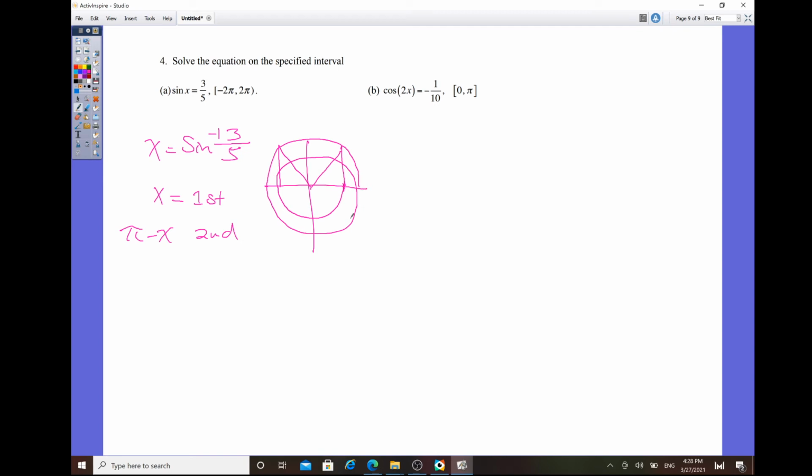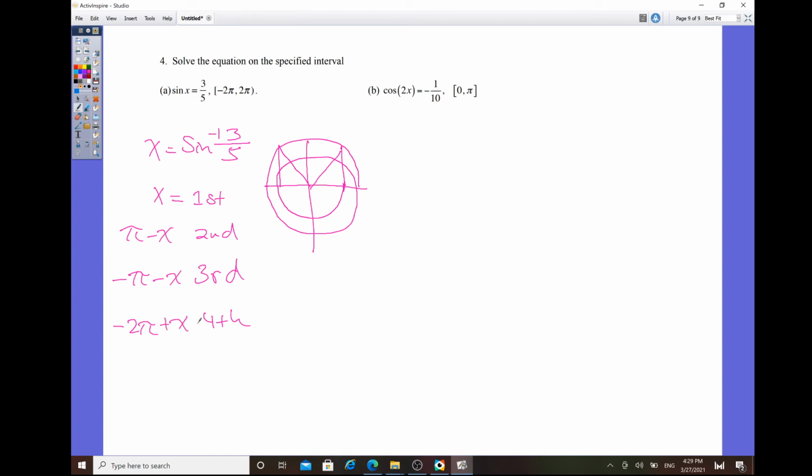well, this one is 0, negative pi over 2, negative pi, negative 3 pi over 2. So whatever that is, the third solution will be considered negative pi minus x, because that's going backward. And for the fourth solution, we're going clockwise, and that would be negative 2 pi plus x.